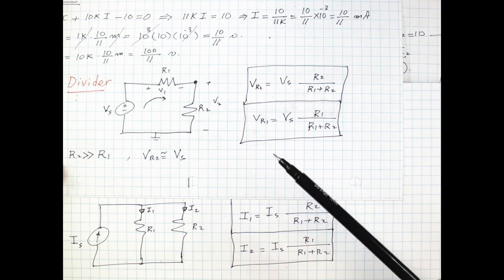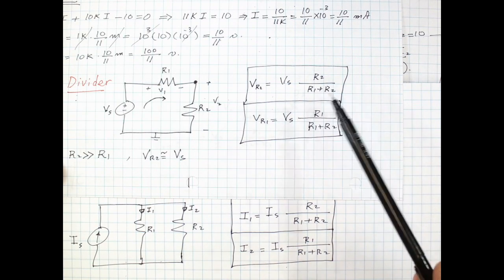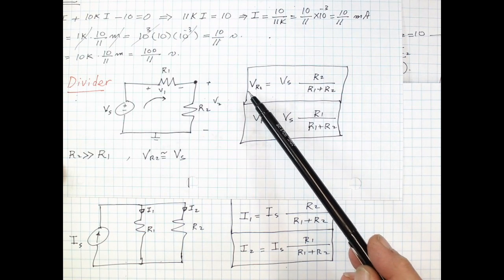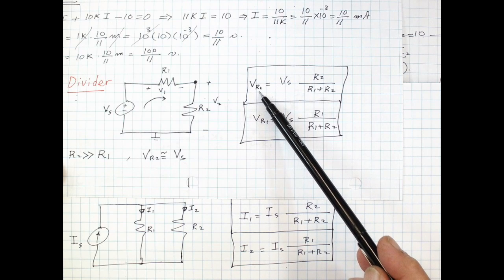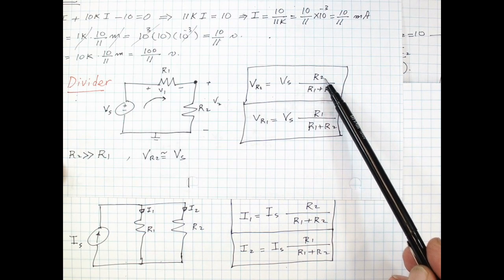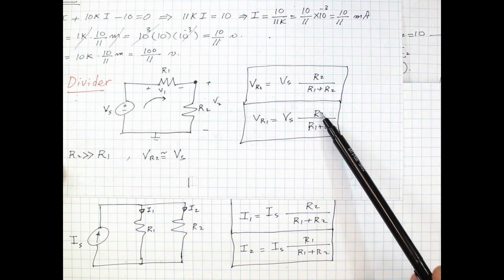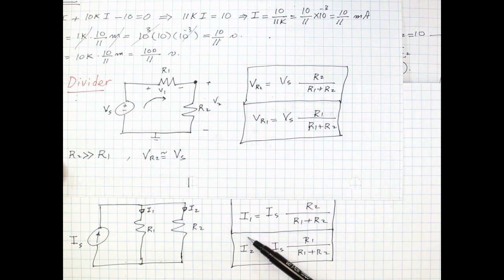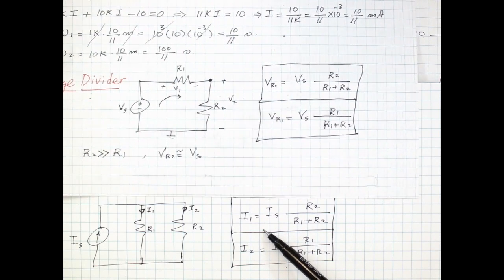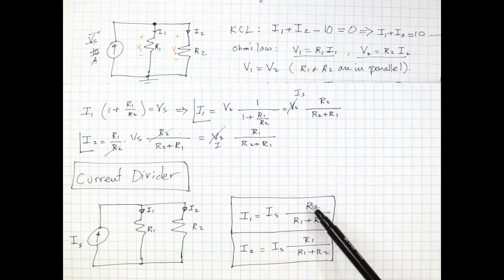But in the voltage divider rule, the voltage across resistor 2 appears on top. And for the voltage across R1, R1 appears on top. In a current source, that's not true. It's the other way around. So for I1, it's actually the R2 that appears on top.